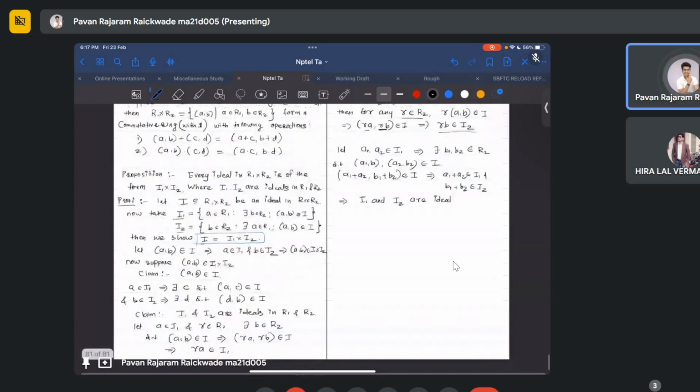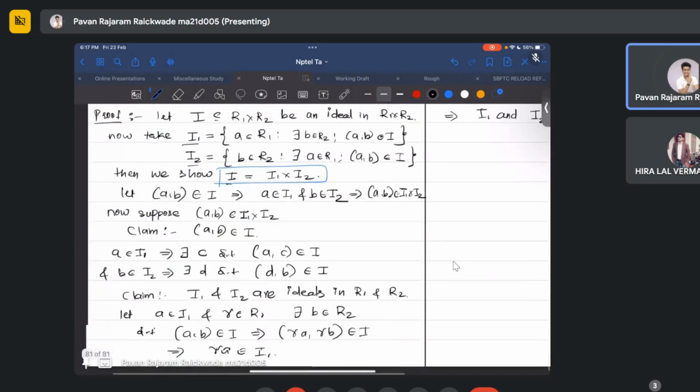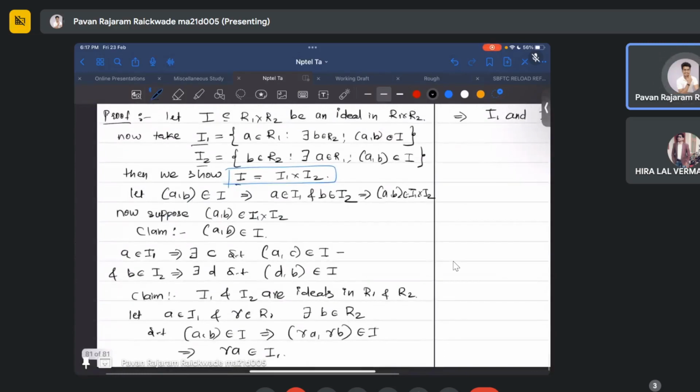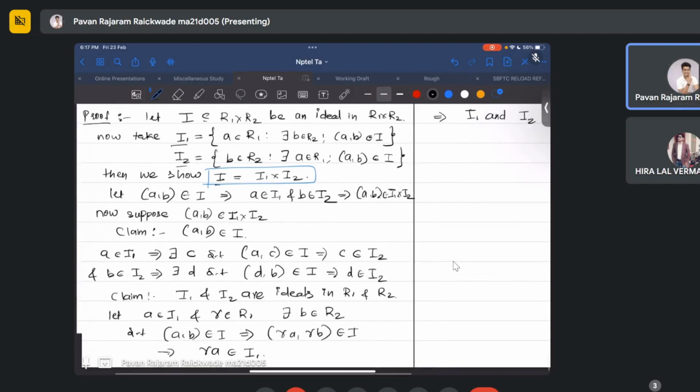So what do I know from here? If c is such that (a, c) belongs to I, this implies c also belongs to I2, right? And this implies d also belongs to I2. Okay, this is fine.